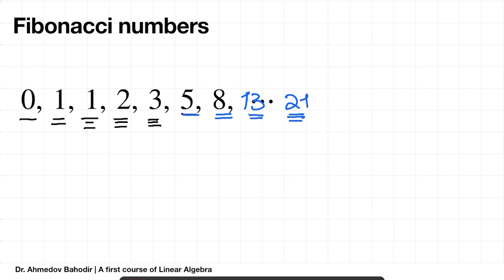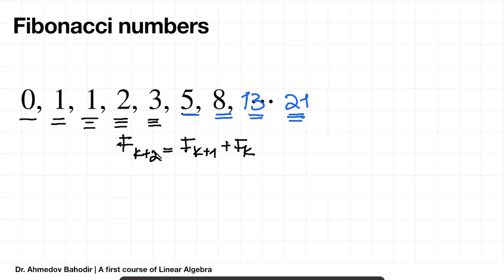And now, I would like to figure out what the general formula for the Fibonacci sequence is. The general recursive formula is that if you would like to find the (k+2)th Fibonacci number, you need to add the previous two, so f_{k+1} plus f_k.